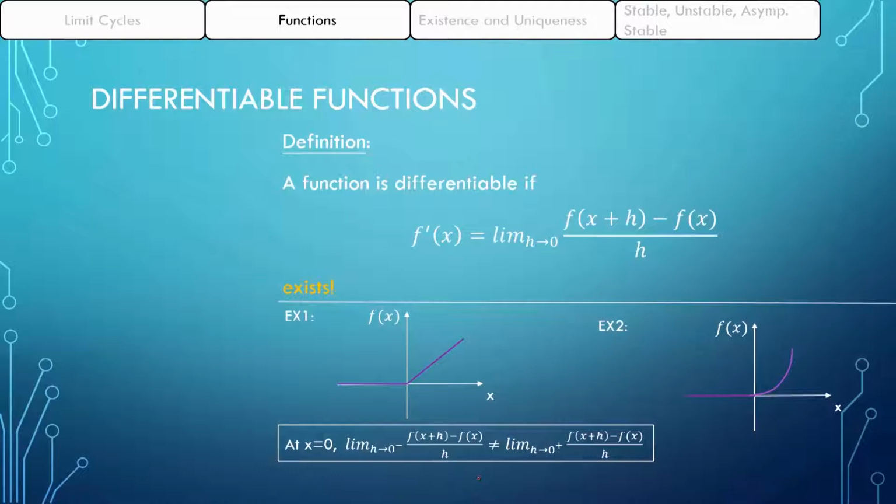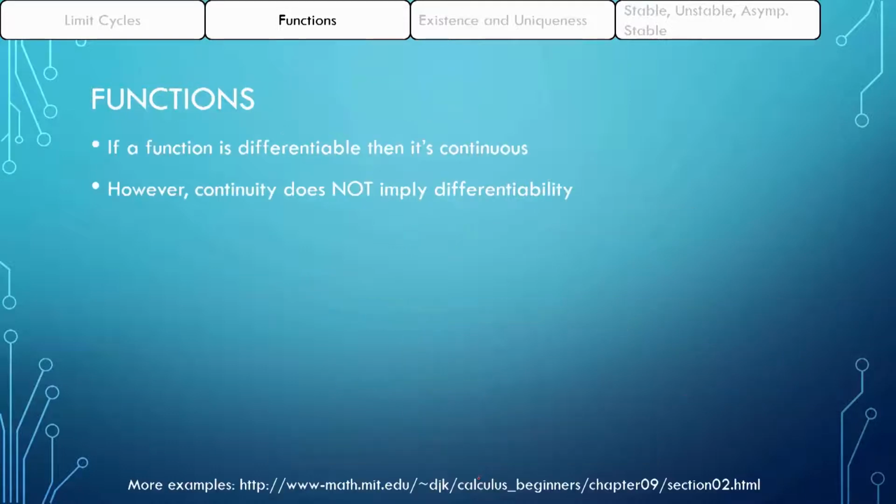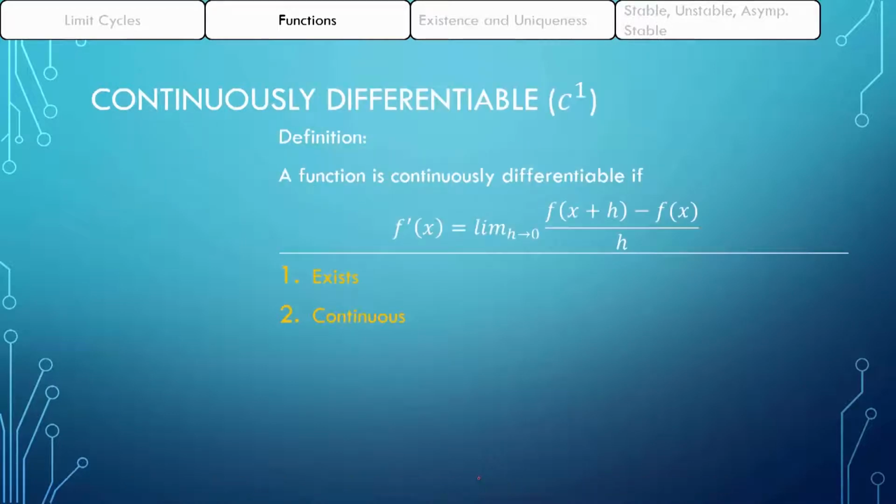Is this function continuous? It's continuous. Continuous doesn't mean it's differentiable, right? But differentiable means it's continuous. A function is differentiable, then it has to be continuous, but not vice versa. The reverse is not necessarily true.